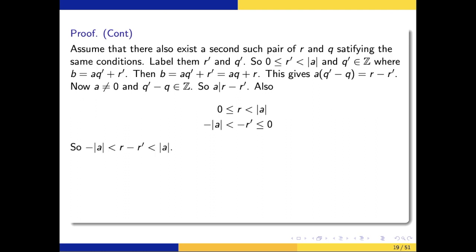From this it follows that r minus r prime is strictly greater than negative mod a and strictly less than mod a. In other words, r minus r prime is a multiple of a in between negative mod a and mod a. And we showed earlier that since a is not equal to 0, r minus r prime must be equal to 0.